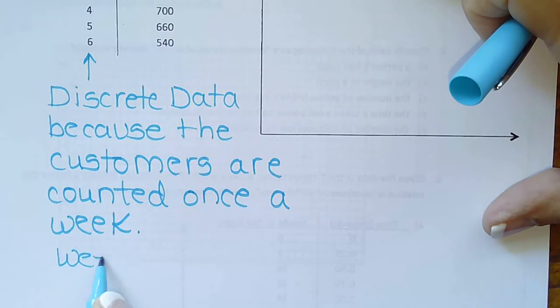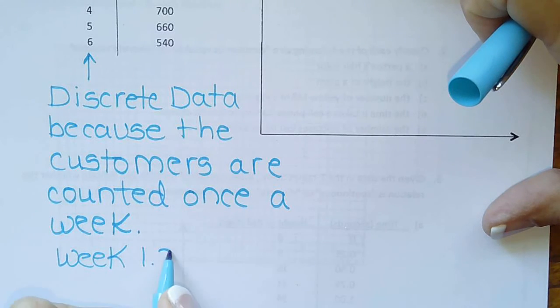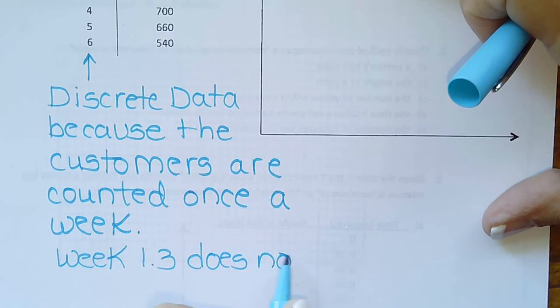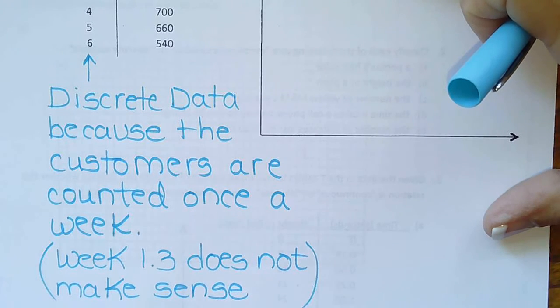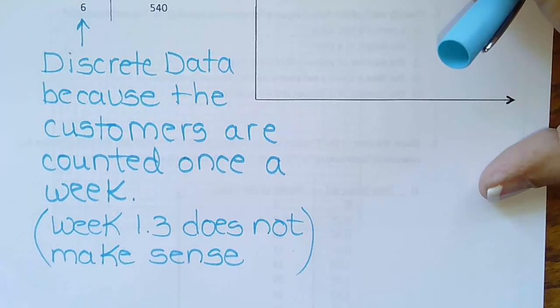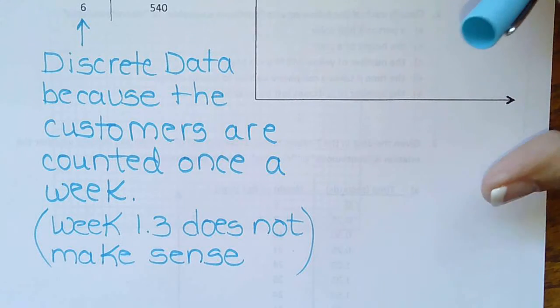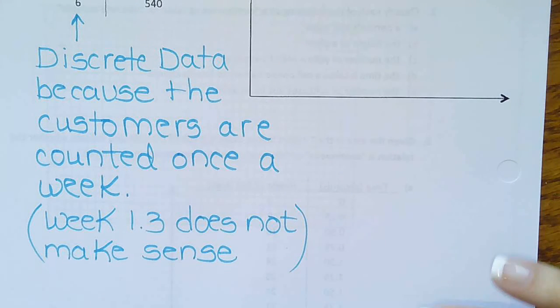Week 1.3 does not make sense. So that kind of shows why we would not pick continuous data. Okay, so discrete data because the customers are counted once a week. Week 1.3 does not make sense.